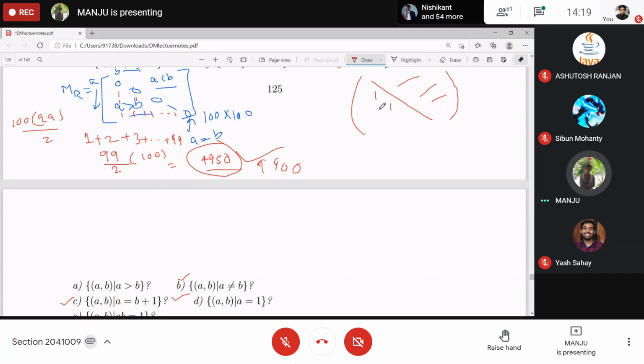What about 3, 1? Is 3 related to 1? No. 3 is equal to 2 plus 1, according to the relation. So just below the main diagonal, it will have 1, 1, 1. Otherwise, 0, 0, 0 everywhere. Are you getting it?